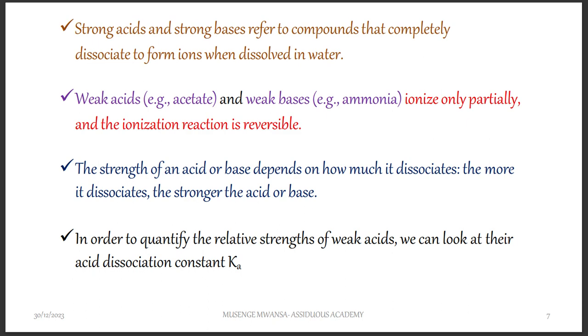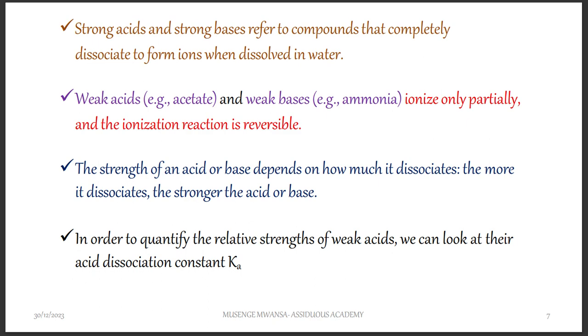So we have two terms we need to know: strong acid and base, and concentrated acid and base. If you hear the word strong, it refers to the ability to dissociate. It's different from the word concentrated. Concentration tells you how many ions you have dissolved in water. A strong acid or a strong base is one that can completely dissociate in solution.